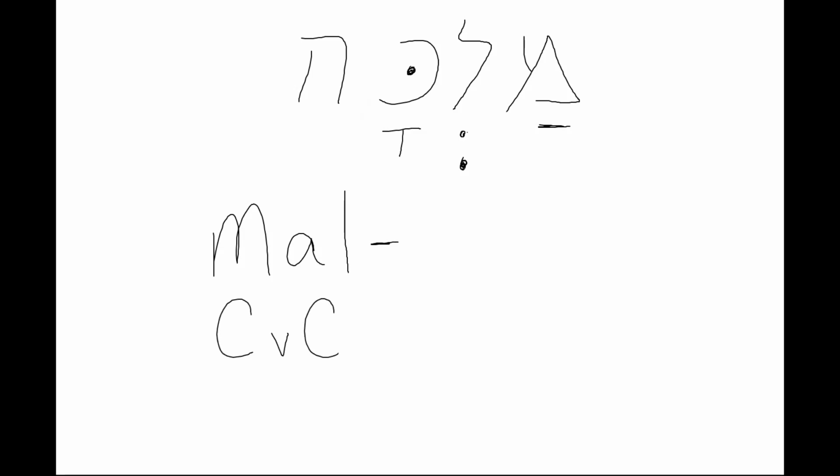So it is immediately preceded by a short vowel. This schwa here under the lamed is immediately preceded by a short vowel, and it comes at the end of a closed syllable, right? Remember, this is a closed syllable, right?